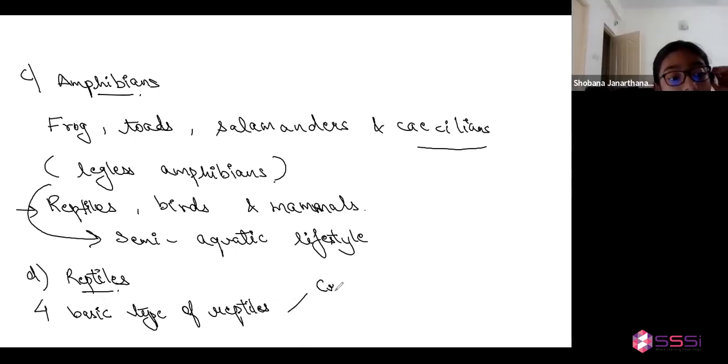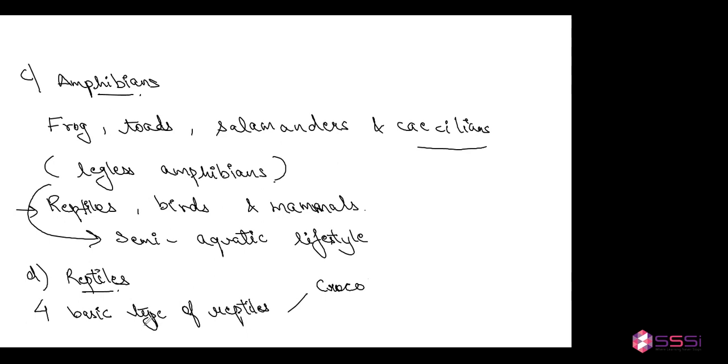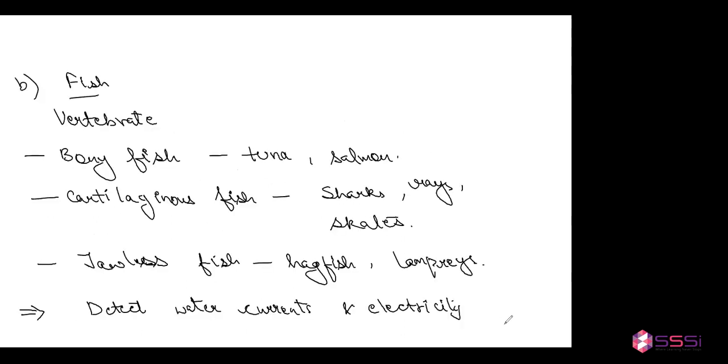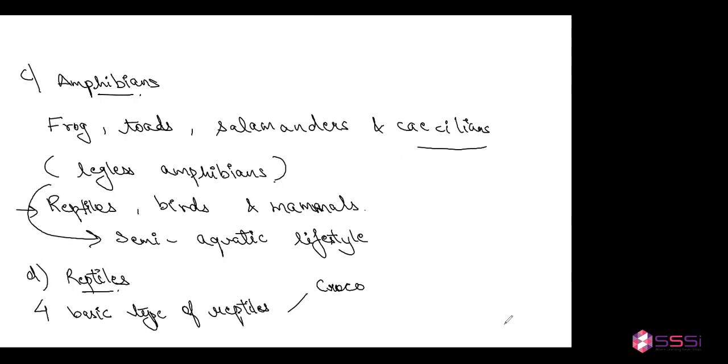So next is birds, and then mammals. This way the classes are defined. First the invertebrates, then come the vertebrates, fish, then the category of amphibians, then reptiles, then birds, then mammals. So this way, from lower to higher class, the animal categorization is done.